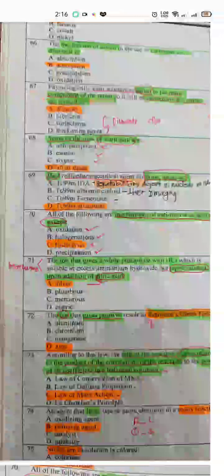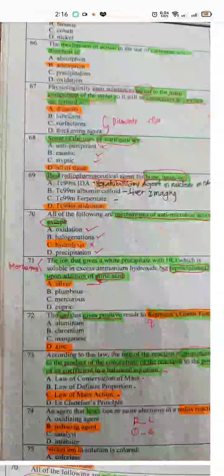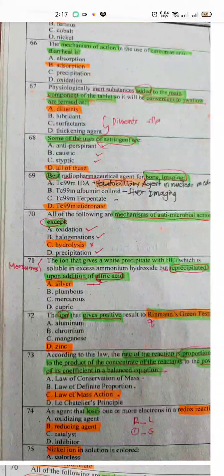Okay, number 74. An agent that loses one or more electrons in a redox reaction is your reducing agent. So, always remember your GEROA and your LEORA. So, kapag GEROA, gain electron, reduction, and the agent is your oxidizing agent.